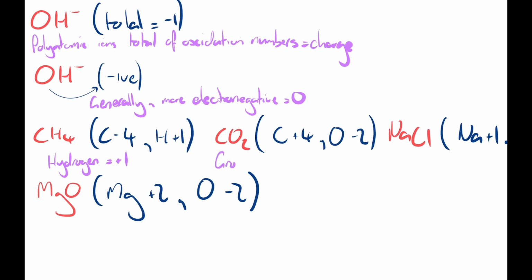Group 6 oxygen is generally going to equal -2. There are going to be exceptions, and I'll give you one exception very quickly. We've got an exception of H2O2, hydrogen peroxide, where hydrogen is +1 and oxygen is only -1. Strange example, but that's an exception to that rule.